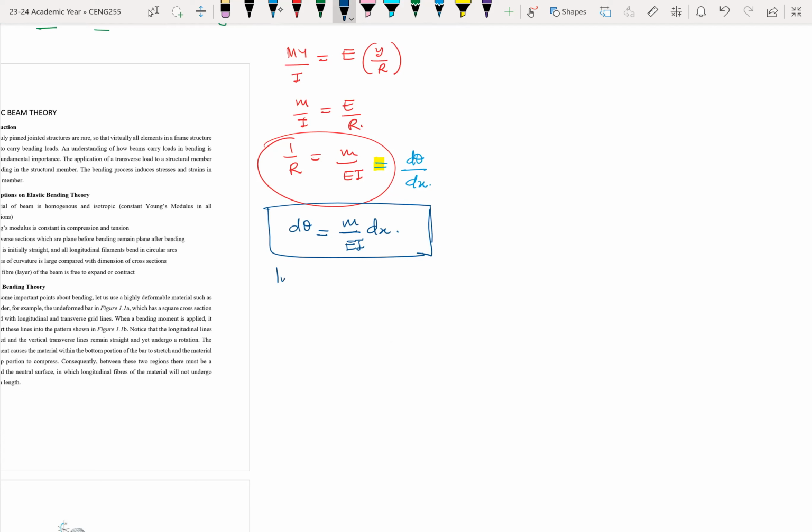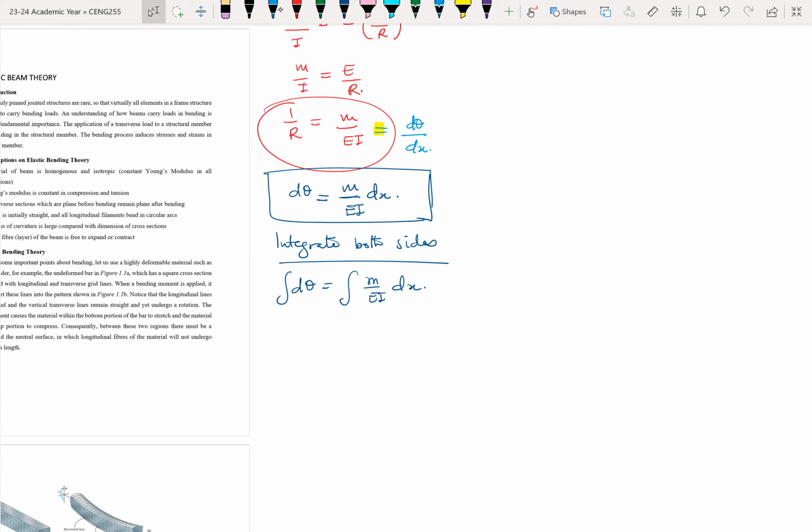So let's say we integrate both sides. If we integrate both sides, it means we integrate M over EI dx. It means that theta then becomes the integral of M over EI dx.